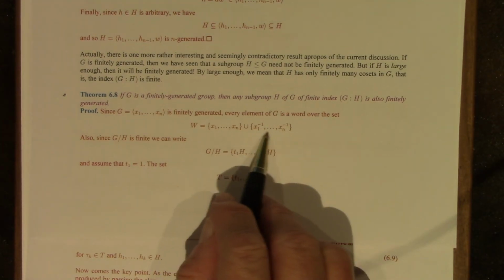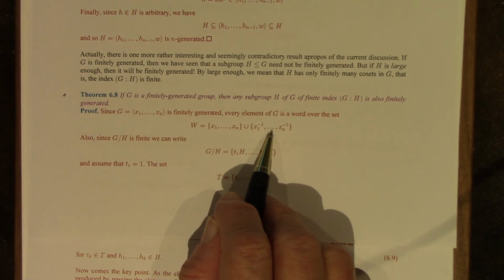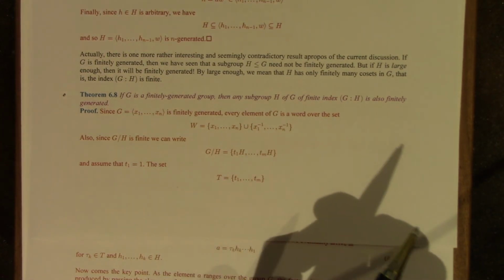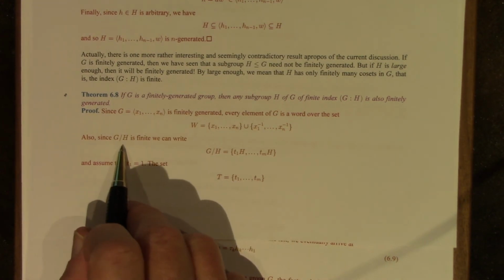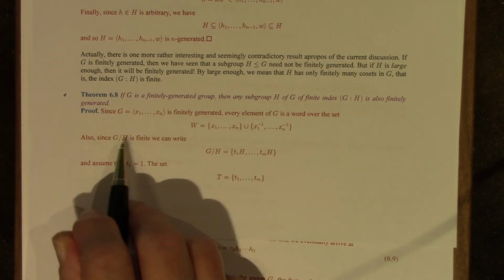So that gives us the negative exponents. Also, the coset family is finite because that's what the index means. The index is the number of elements in the coset family.